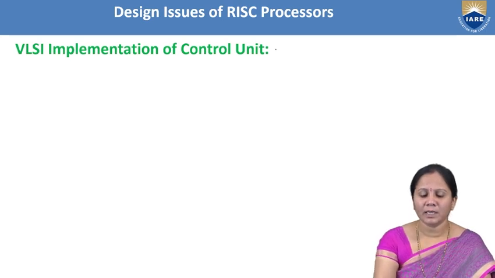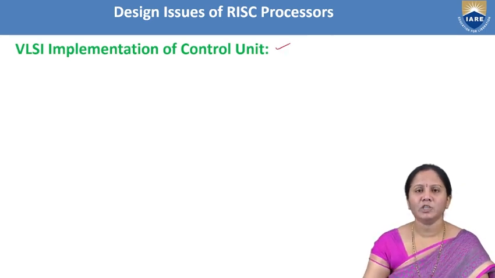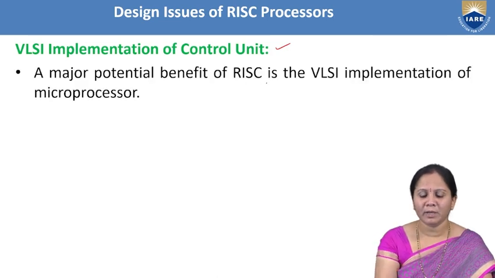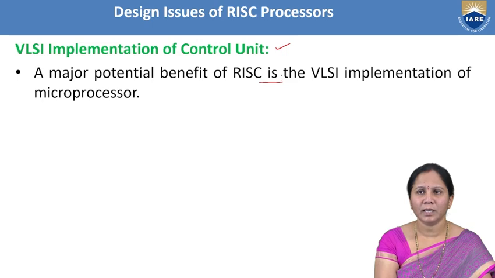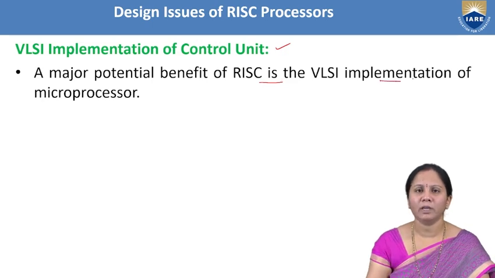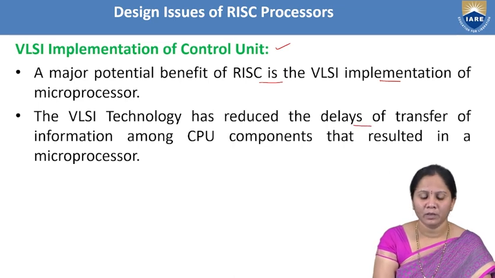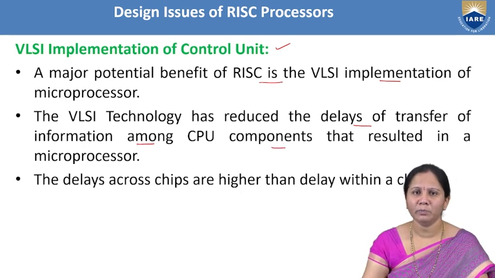Another design issue is VLSI implementation of the control unit. In VLSI, implementation of the control unit is somewhat complicated. It is a design issue. A major potential benefit of RISC is VLSI implementation of a microprocessor. VLSI technology has come into existence in order to reduce the delay during transferring of information among the CPU components in the microprocessor.